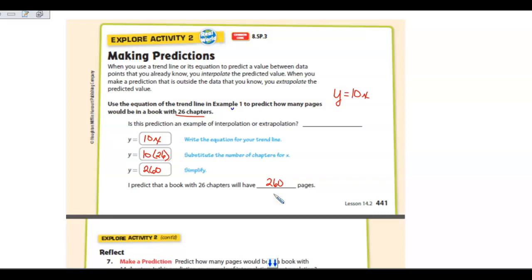Well, it's extrapolation. When you make a prediction that's outside the data you know, you're extrapolating the predicted value. When you're using a trend line or its equation to predict a value within the data, it's interpolation.